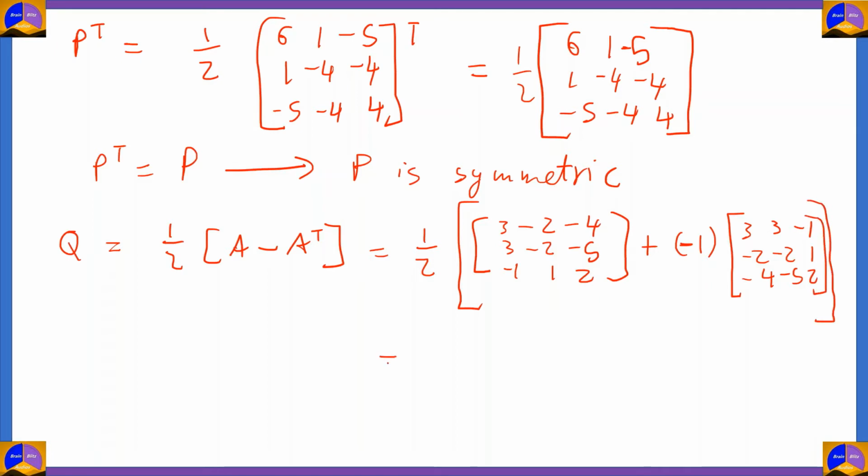So now on subtraction, what we'll get is 3 minus 3 is 0, minus 2 minus 3 is minus 5, minus 4 plus 1 is minus 3, minus of minus 1, and then 3 minus minus 2 is 5, minus 2 plus 2 is 0, minus 5 minus 1 is minus 6, minus 1 plus 4 is 3, 1 plus 5 is 6, and 2 minus 2 is 0.